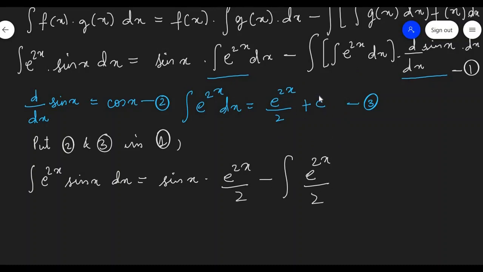This constant c we will add at the end. So the next term is d by dx of sin x. We have it from 2 as cos x and dx.